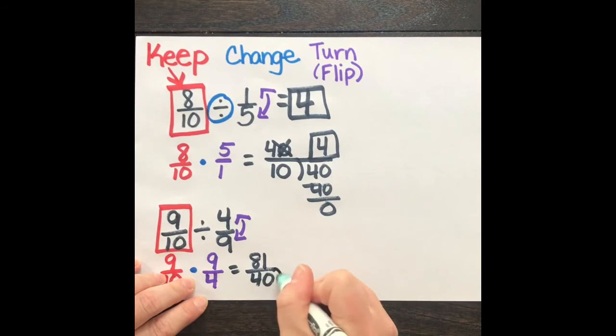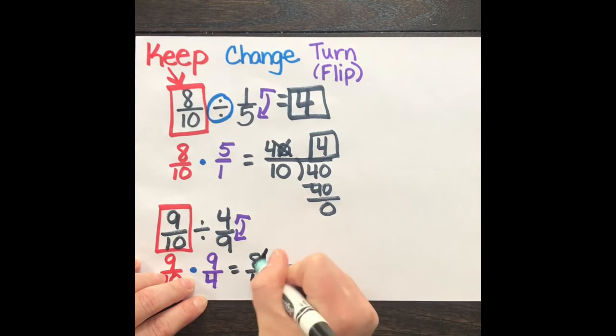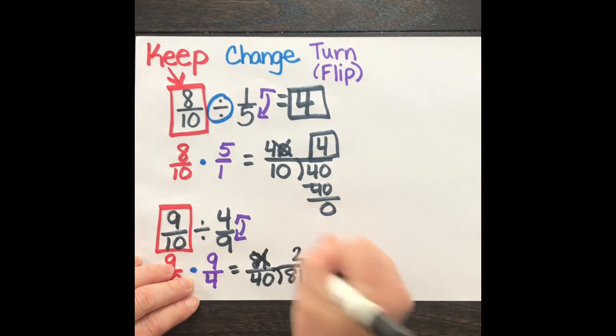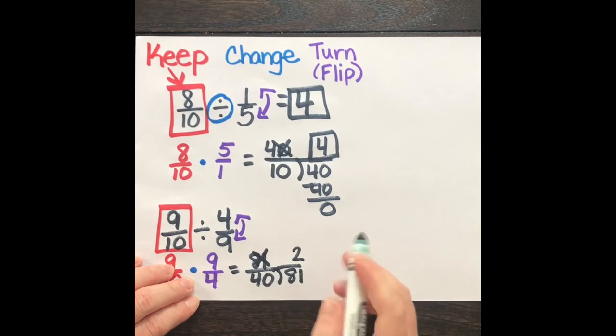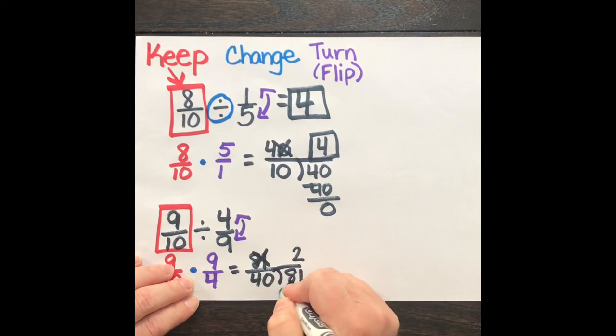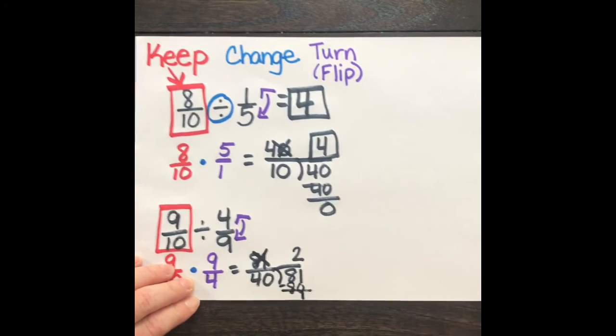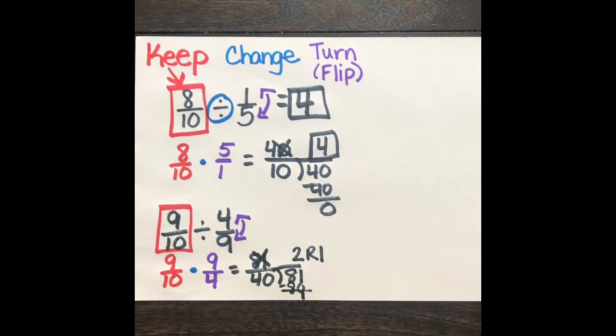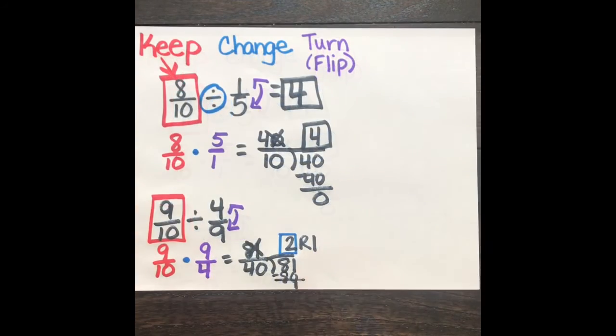So we're going to change this improper fraction into a mixed number by dividing the numerator by the denominator. So 81 divided by 40. 40 goes into 81 2 times. 2 times 40 is 80. If you subtract, there's 1 left over, so our remainder is 1. So we're going to turn this into a mixed number.